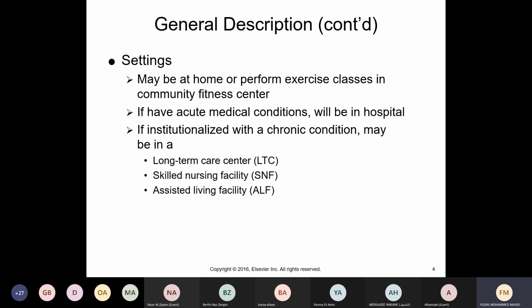Or sometimes they're at a nursing home, which is also referred to as a skilled nursing facility. Not a hospital, just a nursing home, skilled nursing facility. Other times, they could be at what they call assisted living facilities.